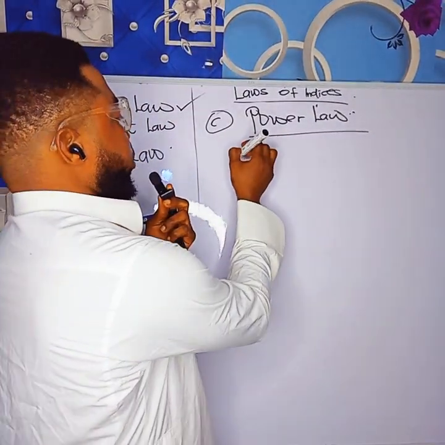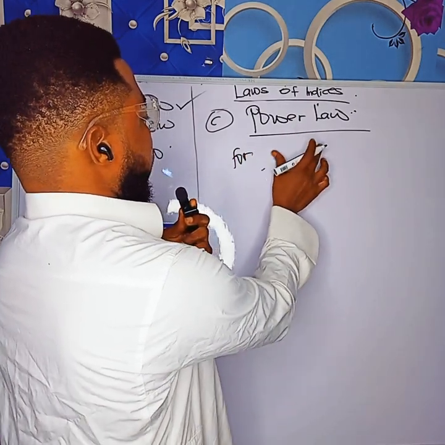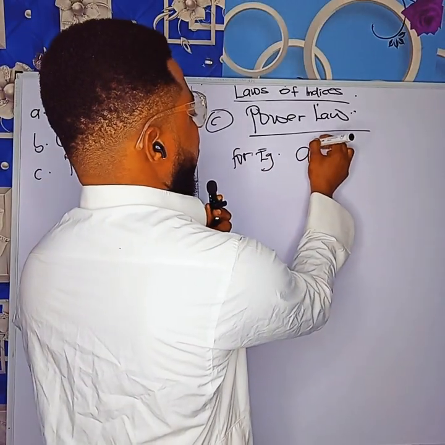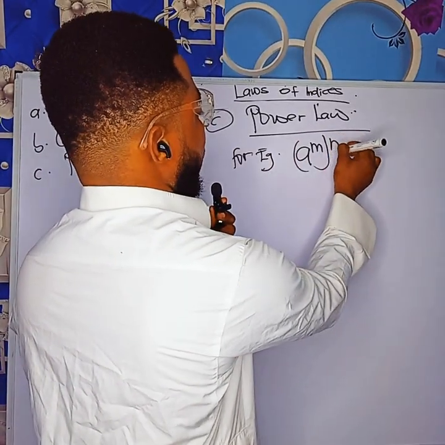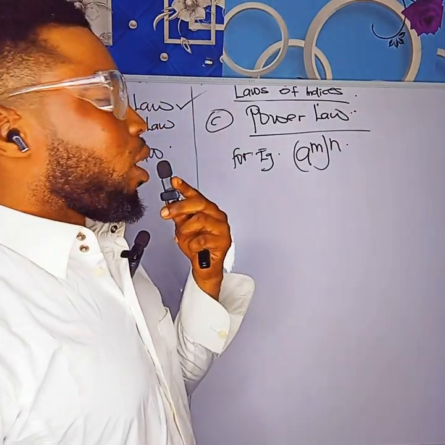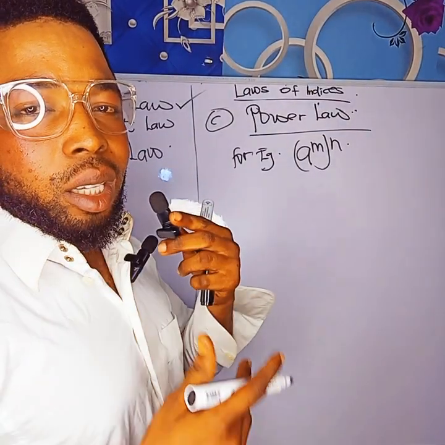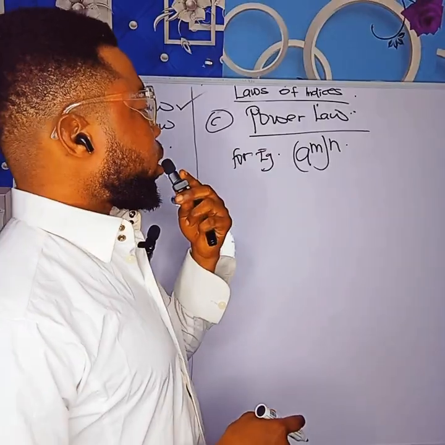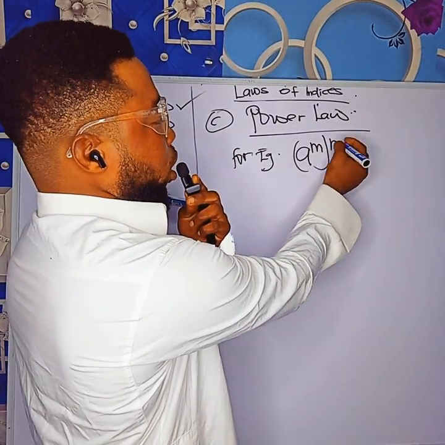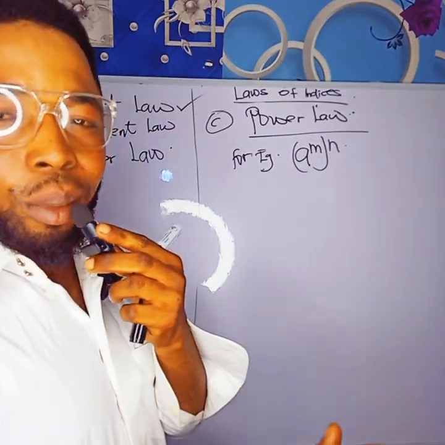For example, (a^m)^n, that is a^m all raised to the power of n. The power law here says that whenever the powers are being raised, you just have to multiply them. To raise a power to another power, you just have to multiply the exponents or the powers.